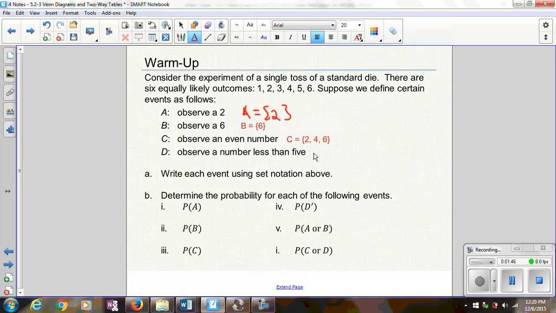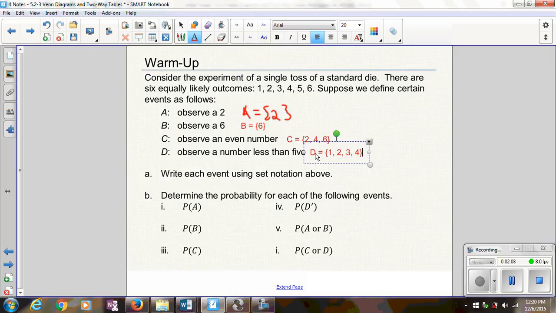And a number less than 5, that's what the event D represents, so D is equal to 1, 2, 3, 4. Since we're less than 5, not including 5, I'm not going to put that in the set. Okay, so that's what we mean in part A when we say write each event using set notation.